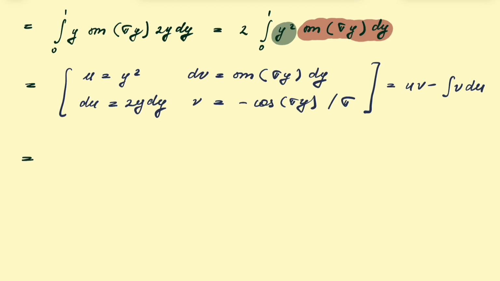Alright, we have 2 times uv, it's minus y square over pi times sine of, cosine of pi times y, and we have limits from 0 to 1, minus an integral from 0 to 1 again, du times v, right?